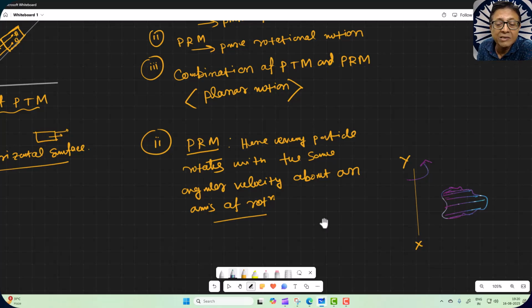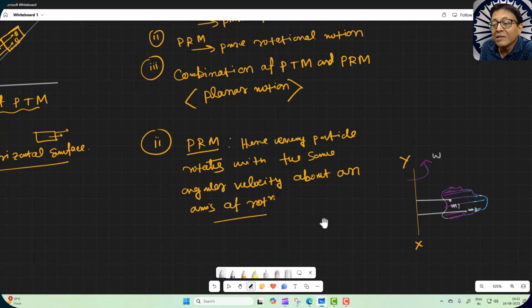It means every point on it will have the same angular velocity, which is the angular velocity of the whole rigid body. Let me explain what is a rigid body first. This is mass M1, mass M2, angular velocity of M1 is omega, M2 is also omega.